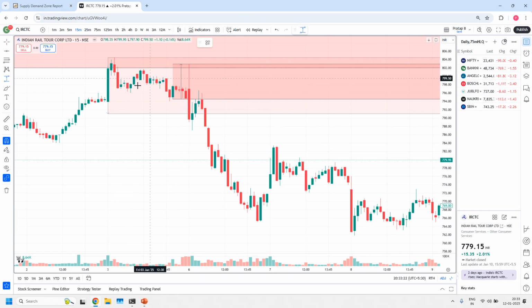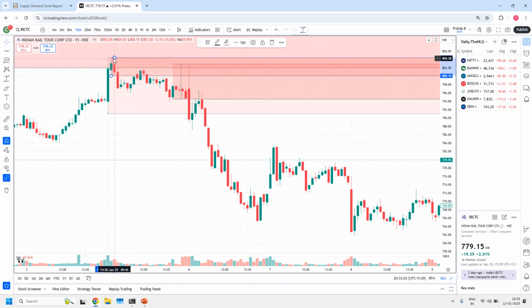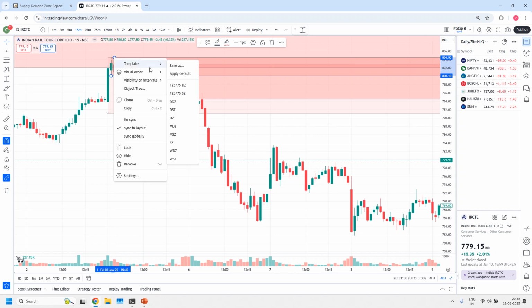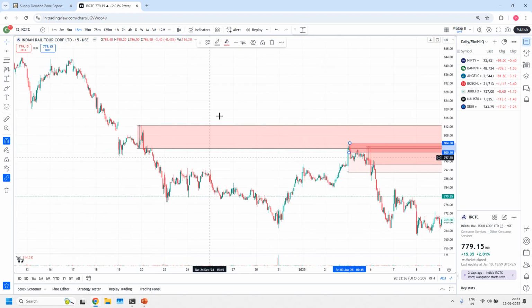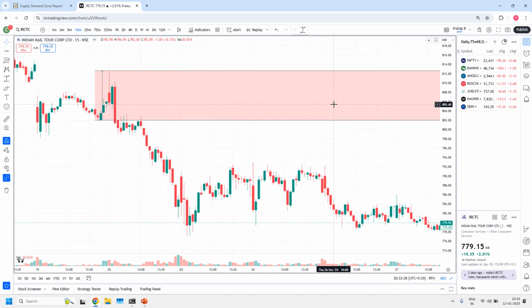Again this is the horizon. 15 minutes horizon. This is a fine tuned 15 minutes. But what about this horizon? This 15 minutes horizon, the structure is not good.